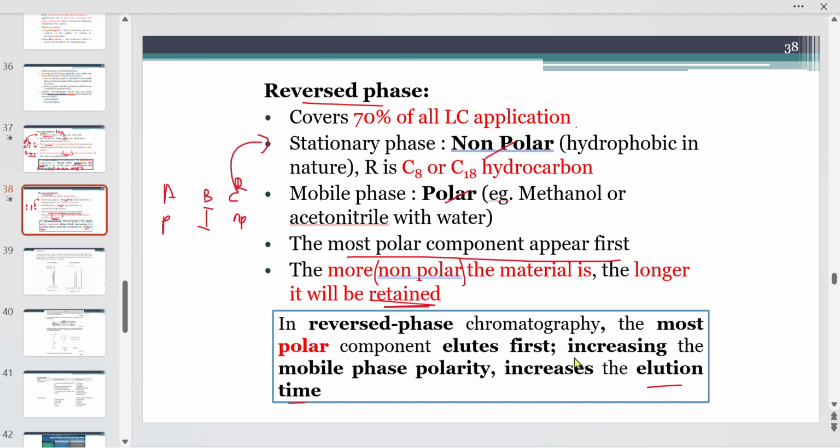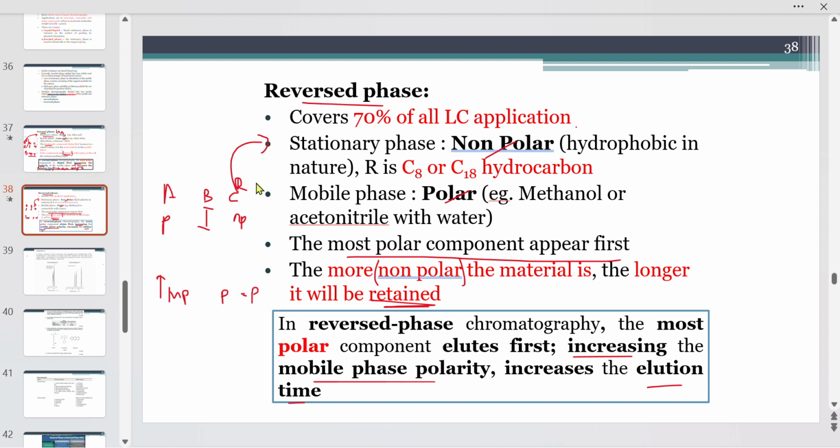So what happens when you increase the mobile phase polarity? Increasing mobile phase polarity means that your mobile phase will be polar. So the non-polar analyte that will determine the elution time, what happens to it?